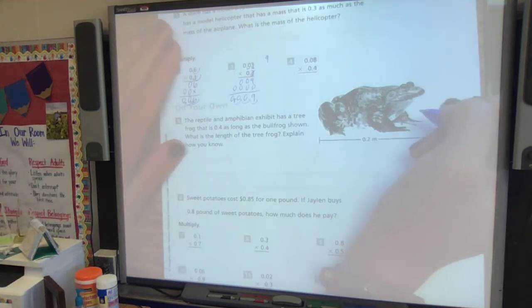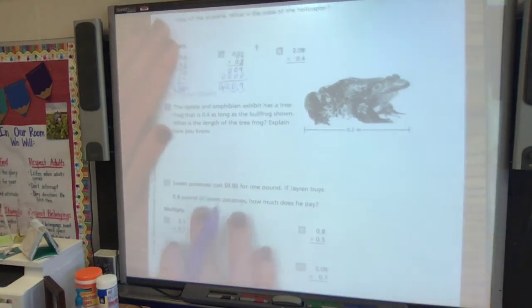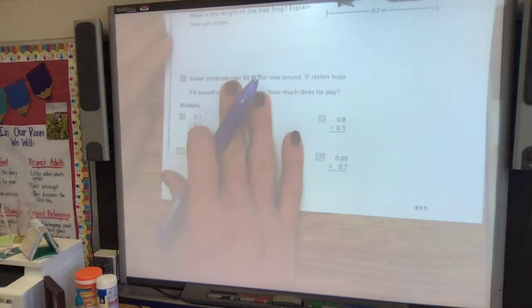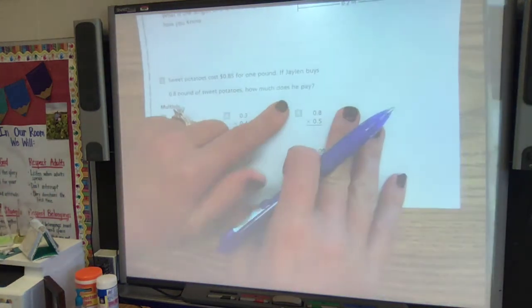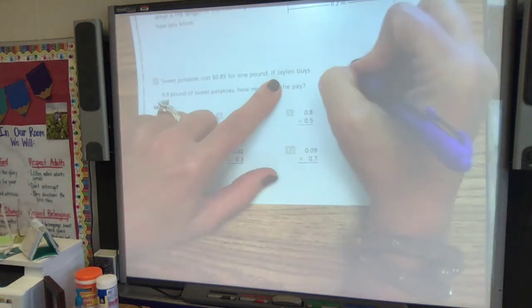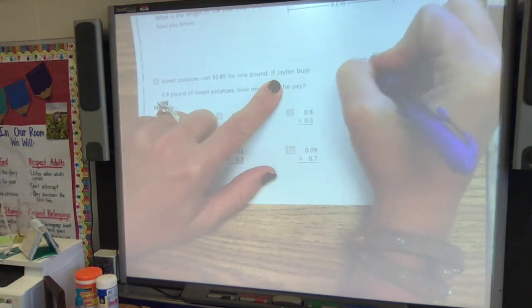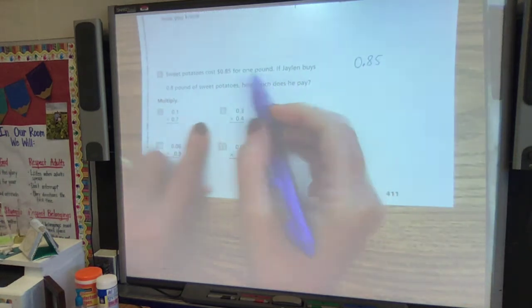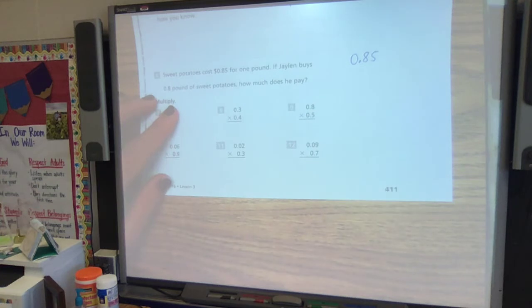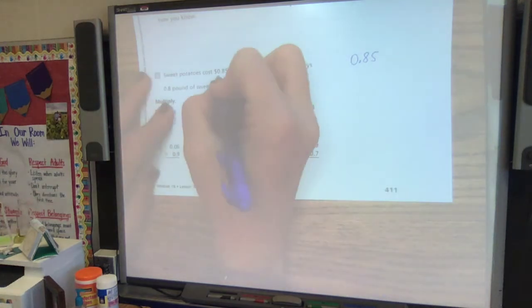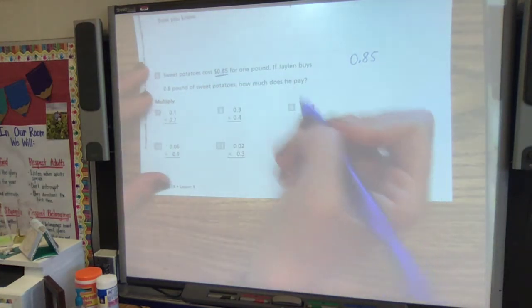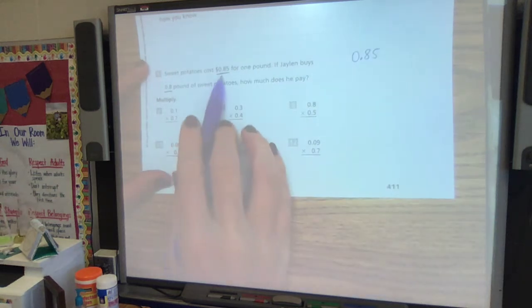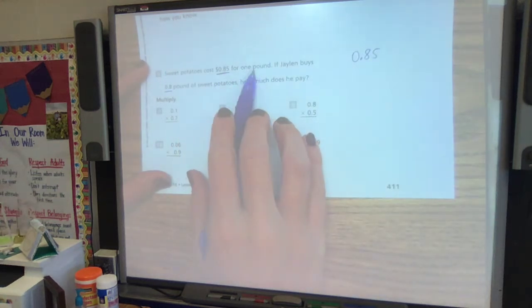And we'll do one more. Let's do number 6 down here. Sweet potatoes cost 85 cents for 1 pound. Jalen buys 1/10 pound of sweet potatoes. How much does he pay? So again, remember how we were talking about what would make sense. We have 85 cents for 1 pound.